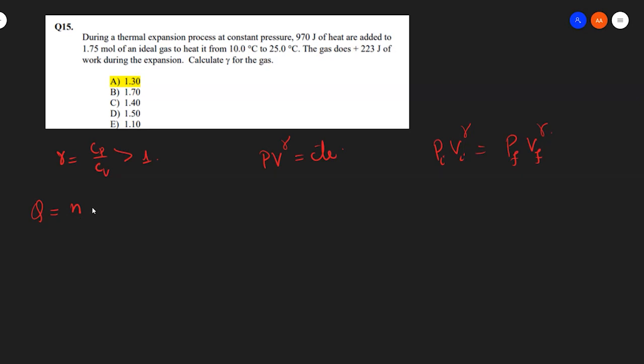For heat, we have 2 formulas: n CV delta T and n CP delta T. Here, let me just read it again. Joule of heat are added to 1 mole of an ideal gas to heat it from 0 centigrade. The gas does joule of work during the expansion. Calculate gamma.